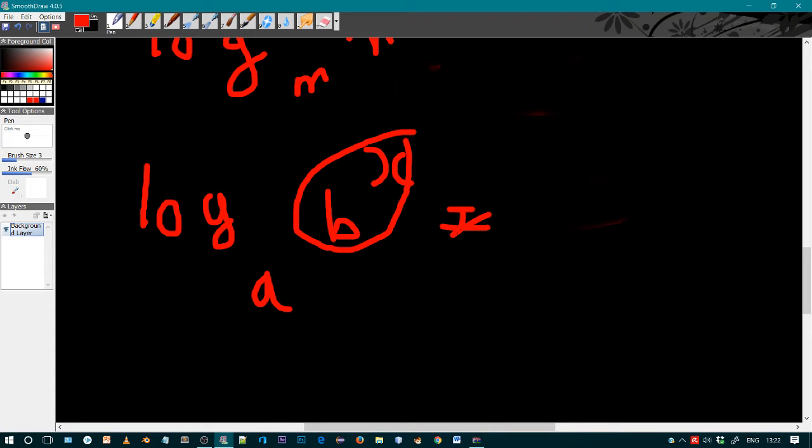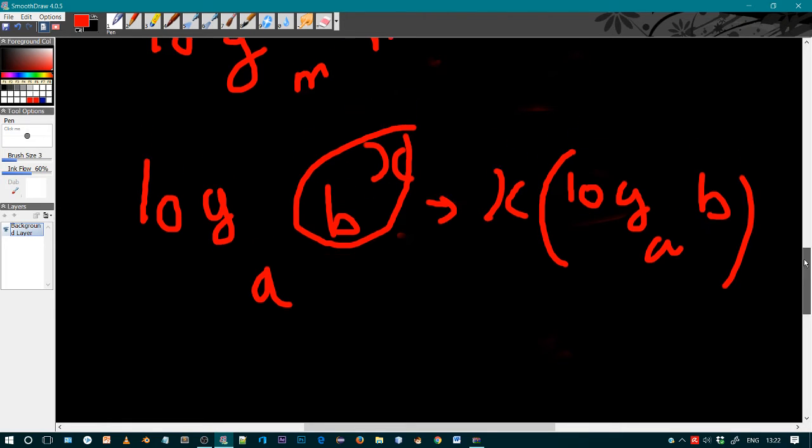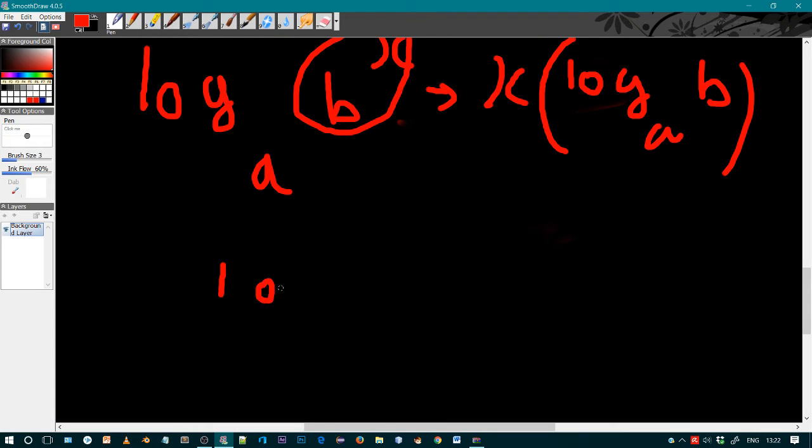So if you want to simplify this expression, simplifying would simply mean it will be x into log base a of b. So for example, I write log base 10 of 5 square.